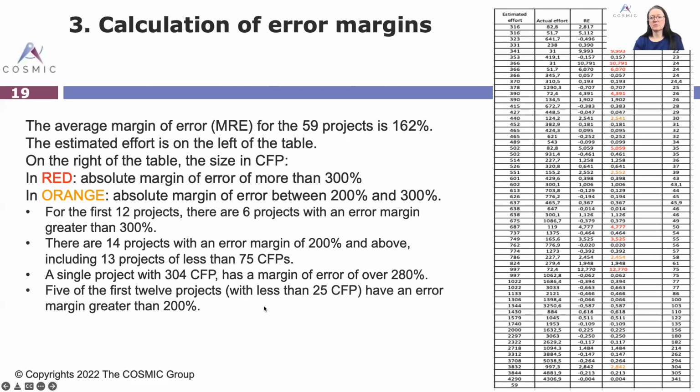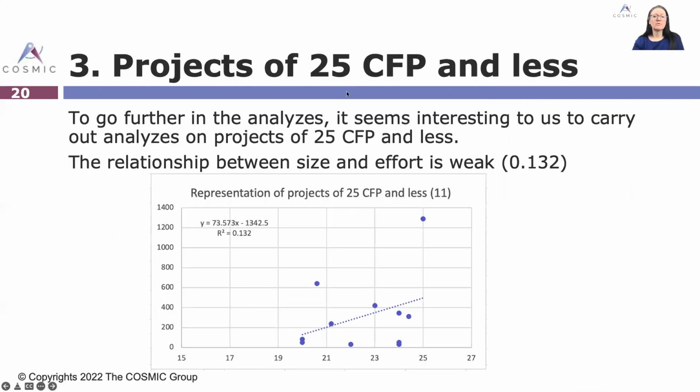For that reason, we have analyzed those smallest projects of 25 COSMIC function points and less. To go further in the analysis, it seems interesting for us to carry out analysis on these small projects.